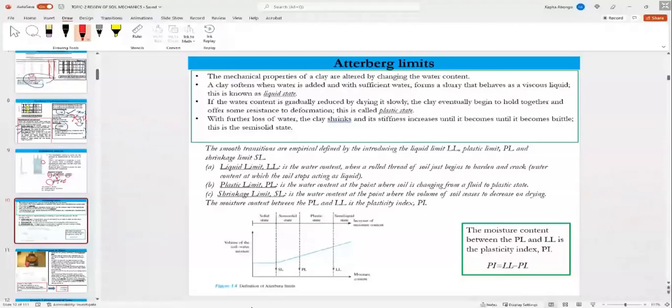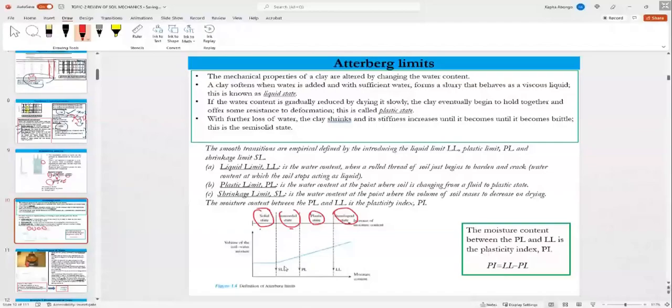So we add a little water to clay. It goes into a semi-solid state. As you continue to add water, it goes into a semi-liquid state. The water content at which the soil changes from solid to semi-solid state is the shrinkage limit.